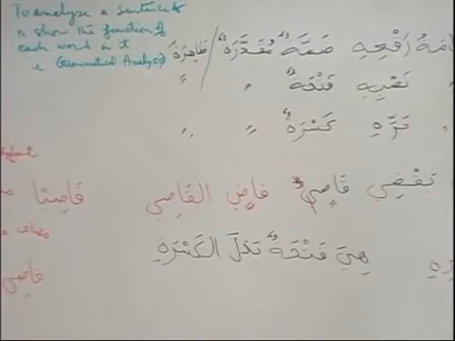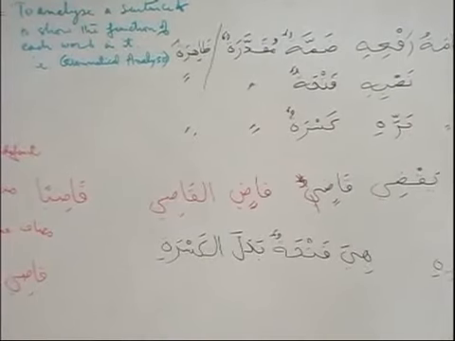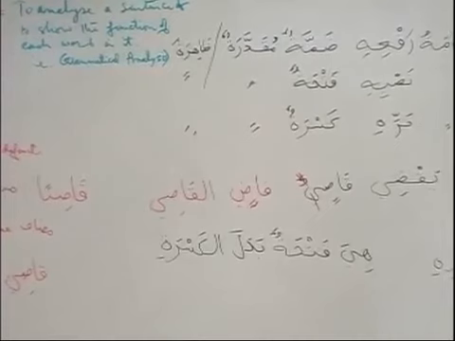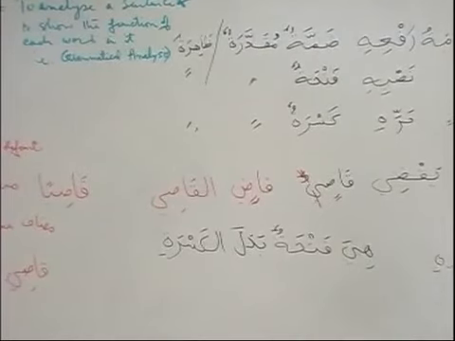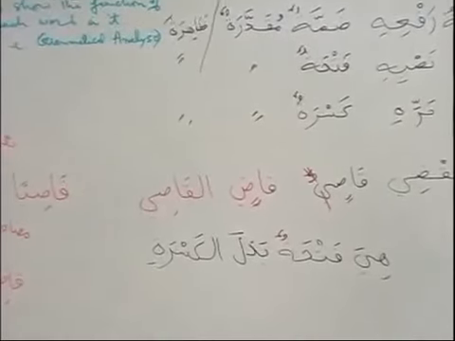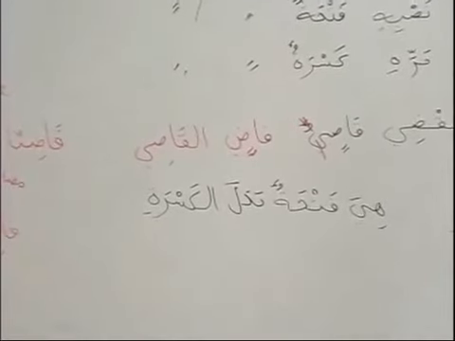Got the idea, brothers and sisters? So it is fatha instead of kasra. But you have to write down badala. And I'll explain to you later on why it is badala.